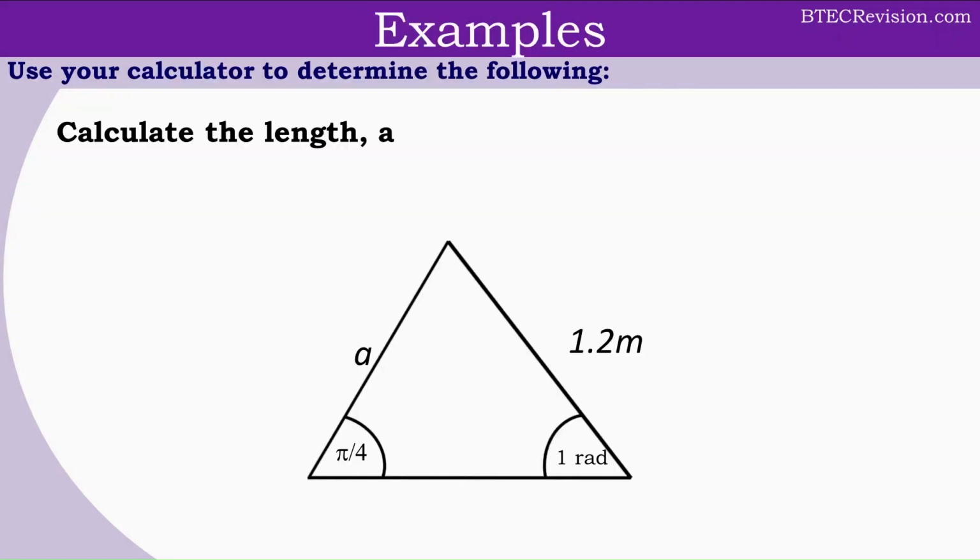Now let's look at an example. Here we have a question to calculate the length A. Pause the video here and attempt the question. In this case, we're asking for A, so we'll have the formula with the A on top first, divided by sine capital A, and that's going to be equal to B divided by sine capital B. Now we can also write it equal to C divided by sine C. We can take the angle to be either B or C. It doesn't matter which way we choose them.